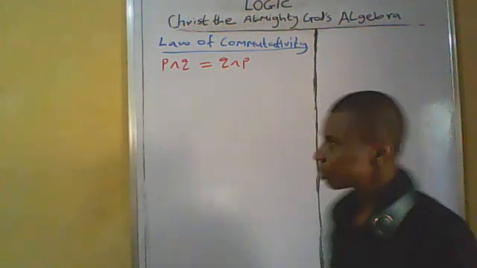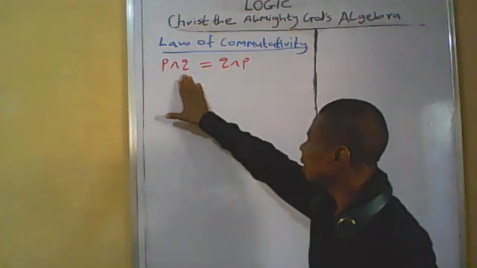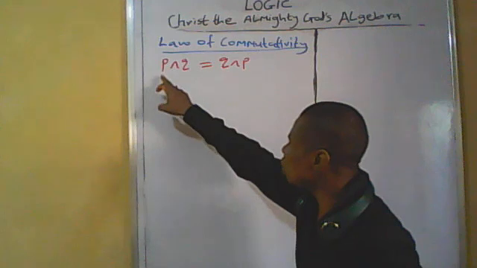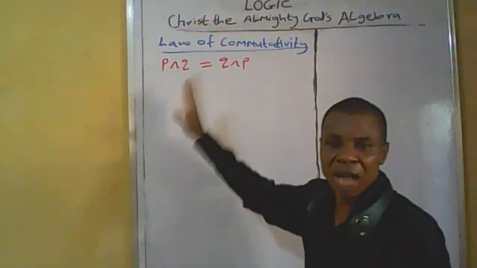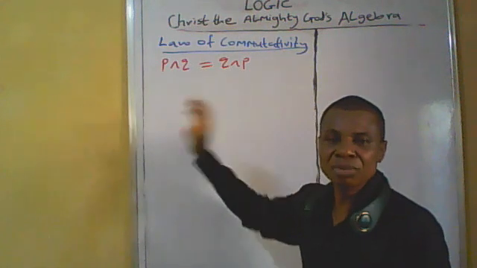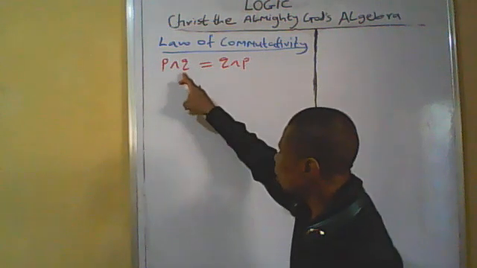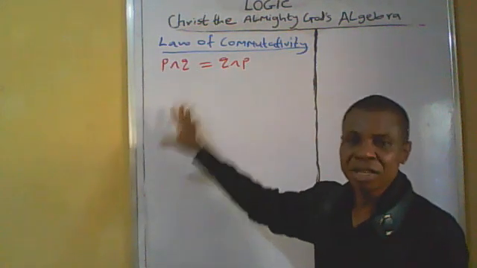If you look at this equation, you will find out that this P is the first conjunct at the left hand side of the equation, while Q is the second conjunct at the left hand side.